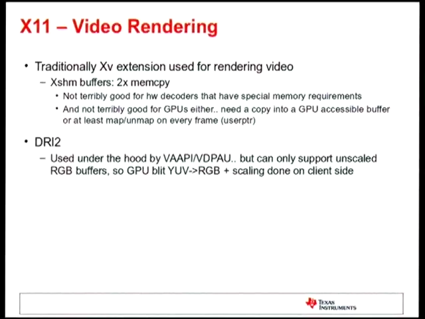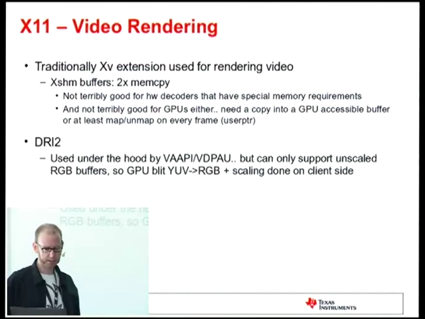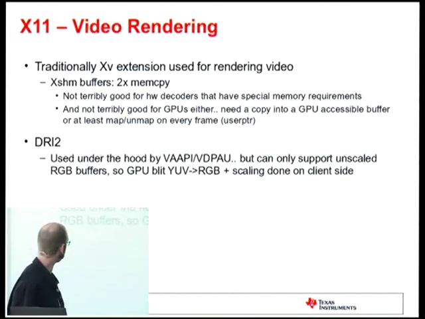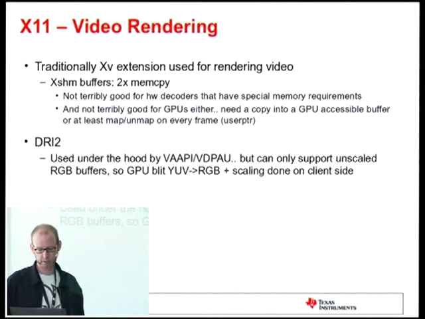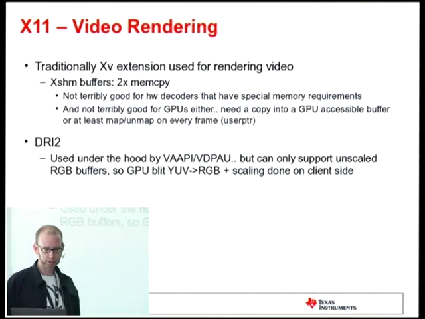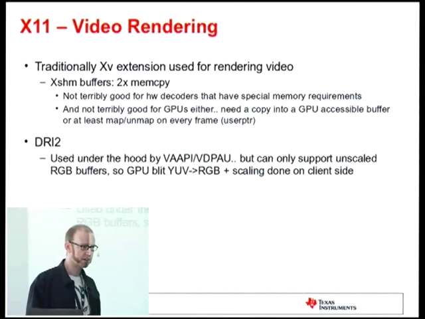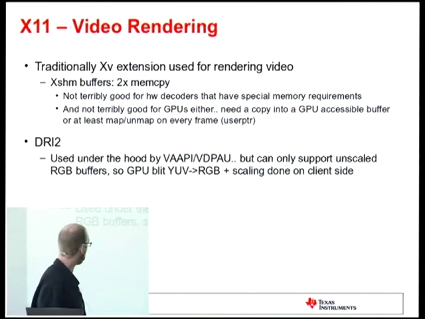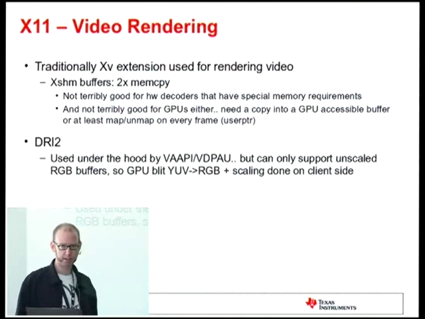So, background. Traditionally, the way to render video in X is XV, which in the best case is based on X shared mem buffers, although this isn't necessarily terribly good for hardware video decode, particularly if your decoders have certain memory requirements that are not met by random shared mem buffers.